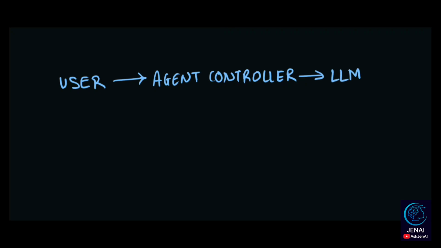Next, the request is passed to the language model. At this stage, the LLM performs reasoning. Instead of generating a final response immediately, it analyzes the problem and determines what action should happen next. In many cases, the model realizes that it needs external capabilities to complete the task. For example, if the task involves analyzing documents, the system may need a document extraction tool.